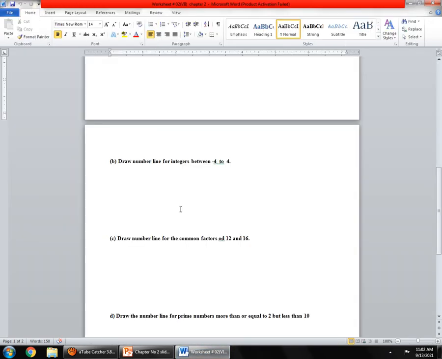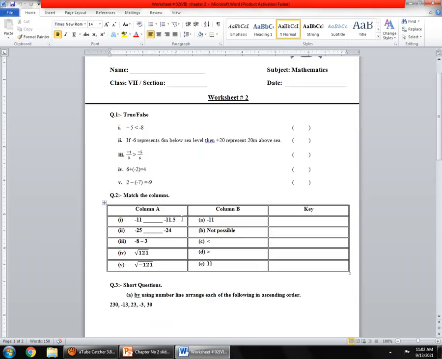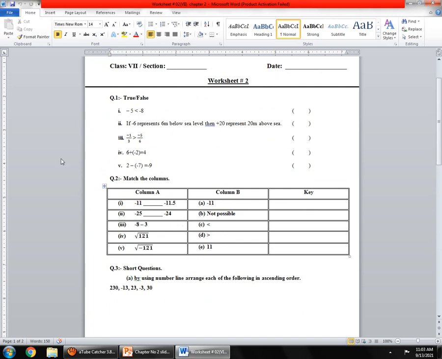Students, you can also see your worksheet for today's lecture. Here: minus 5 is less than minus 8. You have to tell whether it is true or false. If minus 6 represents 6 meters below sea level, then plus 20 represents 20 meters above sea level. You just have to read this statement and observe whether it is true or false.